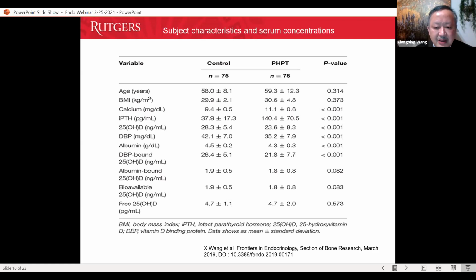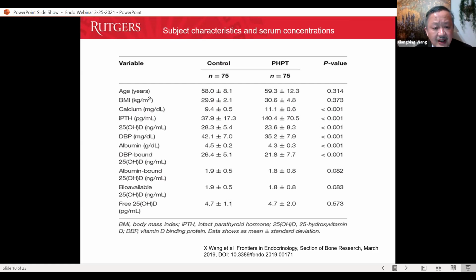The albumin bound is a little bit low. So in the end, we can see the free vitamin D is not different between these two groups. The bioavailable is a little bit lower, but not a significant difference.